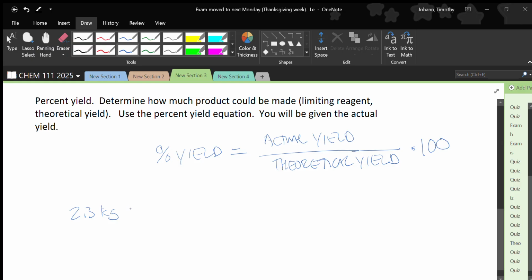Sugar is C12H22O11, and the molecular mass of that, I was saying 342. Molecular mass of sugar was 342.